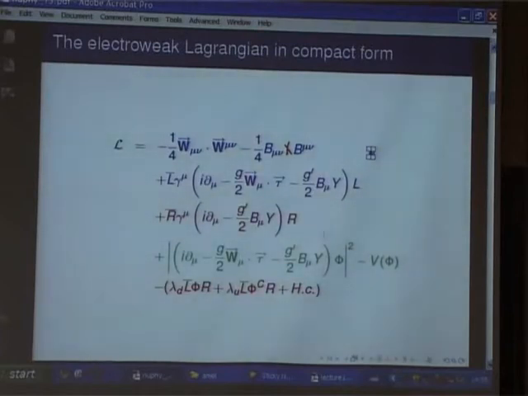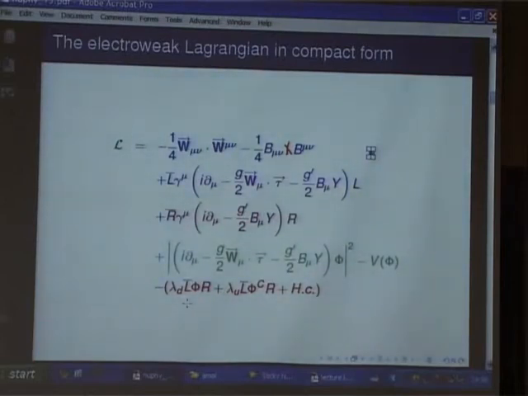So that takes care of all these terms. And for the last line, I have some more terms. These are interaction terms that combine left and right. These will be the so-called Yukawa terms. We'll come to them also.